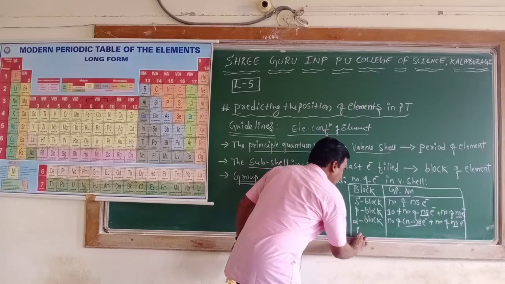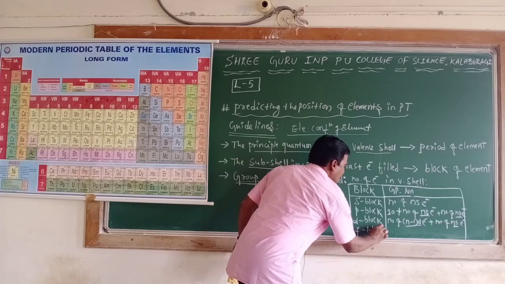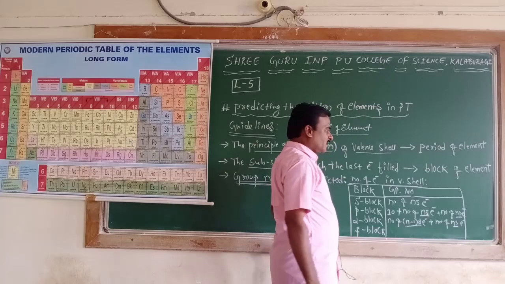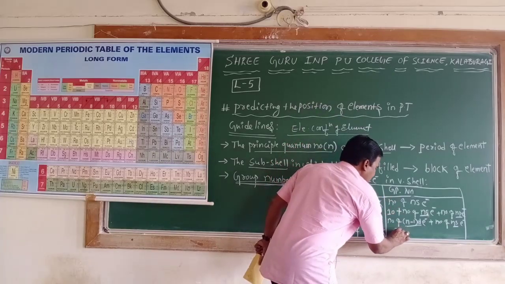Last, f block, it is fixed. For f block, the group number is 3.